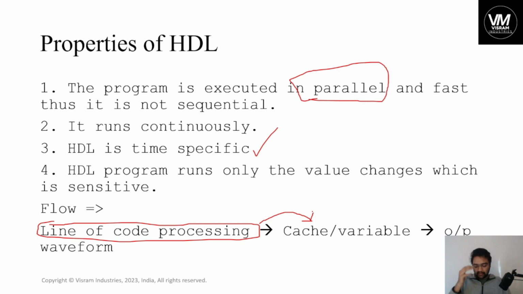After the EDA develops, it is processed in a cache memory, and then we get the output waveform. See, this is input, process and output. Every time I talk about any application or any flow of development, we are talking about the input, process, and output.